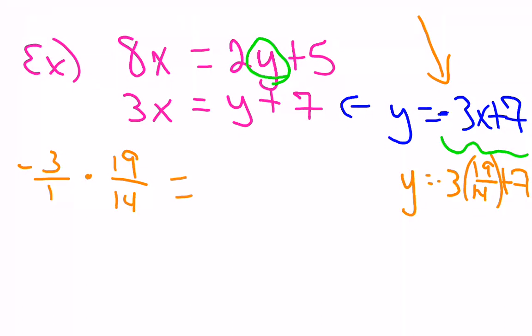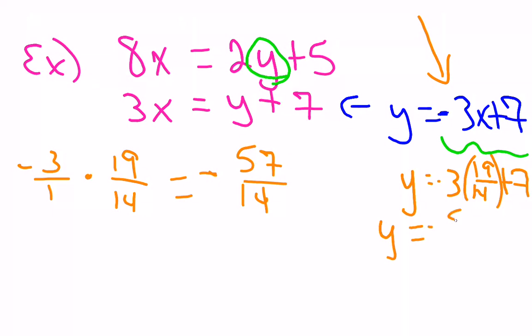So negative 3 times 19 gives us negative 57, and 1 times 14 is 14. We can check and see if that actually simplifies, and it looks like that's as good as it gets, but we're not done.